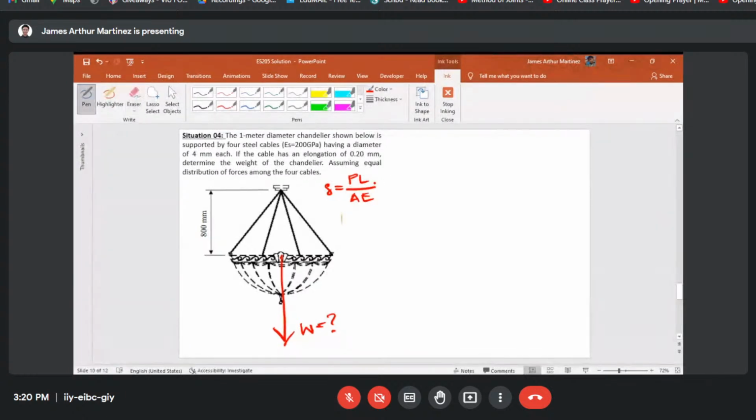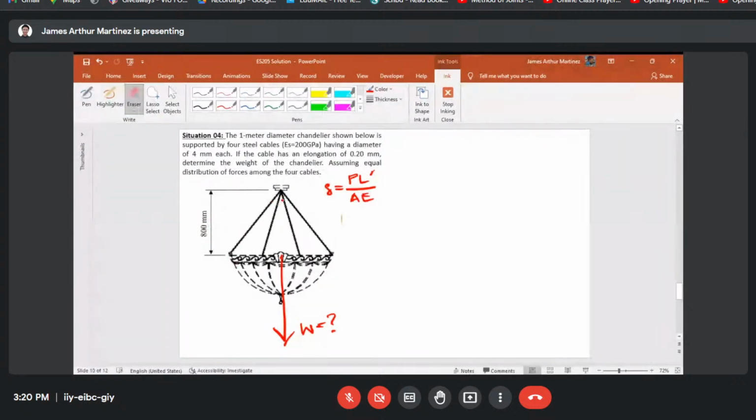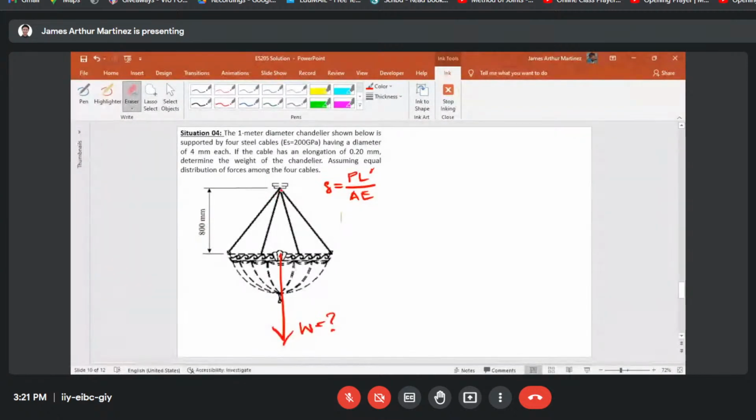We are to determine the original length of our cables, but the problem did not give their length. The 800 millimeters is the vertical distance from the support to the chandelier. And the internal reactions of each cable are unknown.